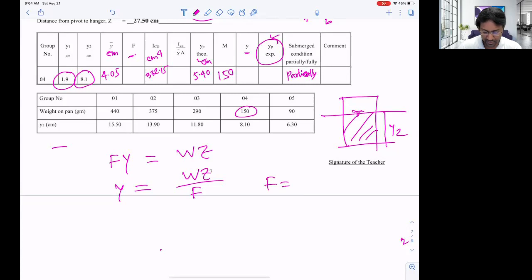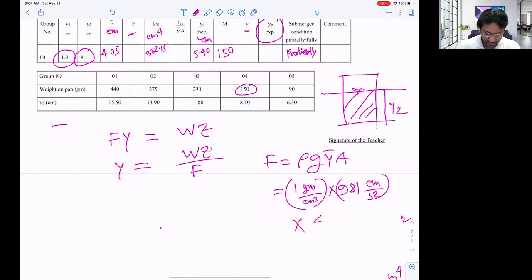We just mentioned that one: rho, g, Y bar, and A. Since all are in centimeters, rho, the density of water in CGS, is 1 gram per centimeter cubed, and g is 981 centimeter per second squared, into Y bar 4.05 centimeter, into A, which is 7.5 into Y2, since it is partially submerged.